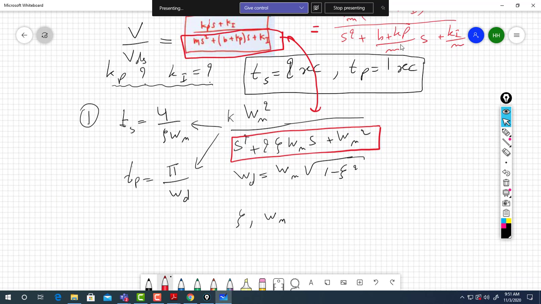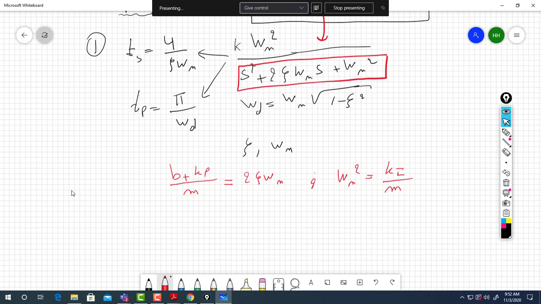So now I'll be comparing both denominators. So b plus kp over m equals 2 zeta omega n. And also omega n square equals ki over m.